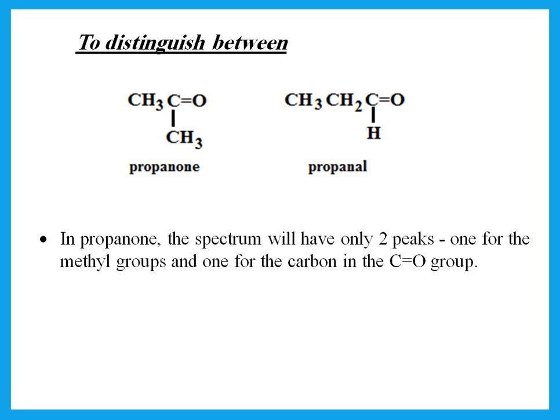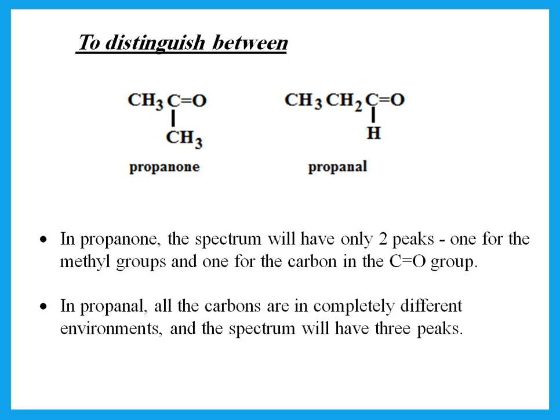Then you will have a second peak for the C that is attached to the O, the C double bond O. So in propanone, I will have only 2 peaks because I have only 2 different types of carbons, or 2 chemically different environments. For propanal, how many environments do we have? The carbon for the CH3 is different from the carbon for the CH2, and it's different from the carbon that is attached to the double bond O. So for propanal, I will actually have 3 peaks in the carbon-13 NMR.